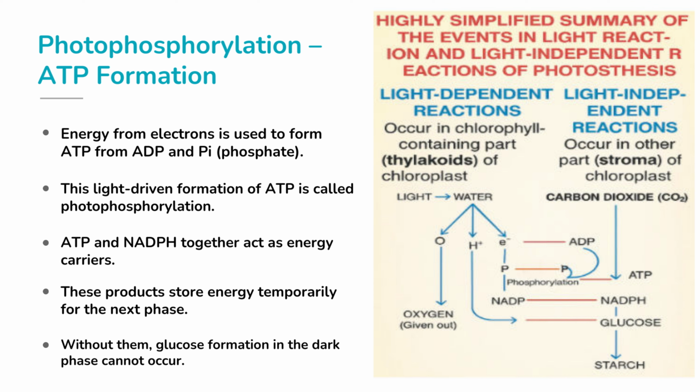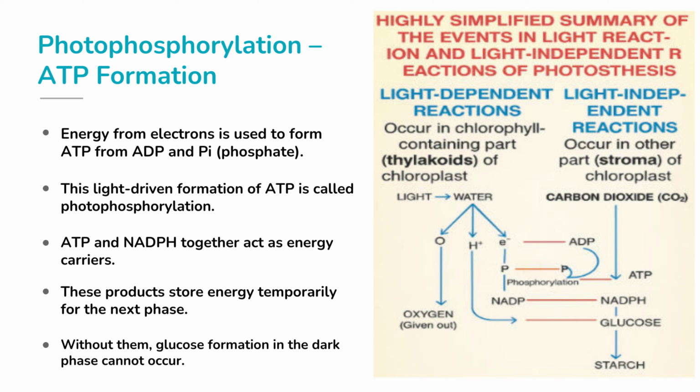Now look to the right of the diagram, the light-independent reactions in the stroma. Here, carbon dioxide from the atmosphere enters. Using the energy tools ATP and NADPH, the plant converts carbon dioxide into glucose, a stable form of stored energy. Glucose may even be turned into starch for long-term storage.